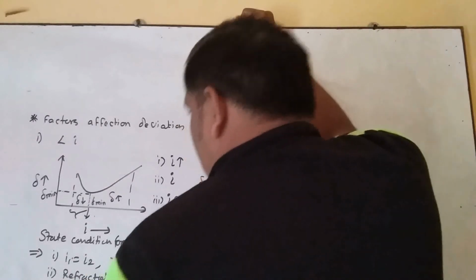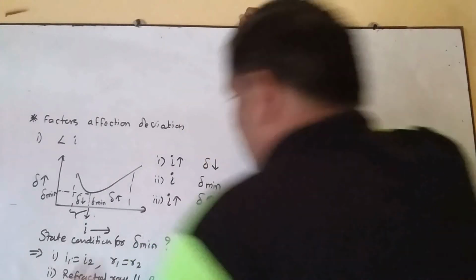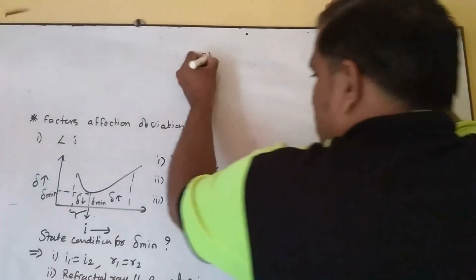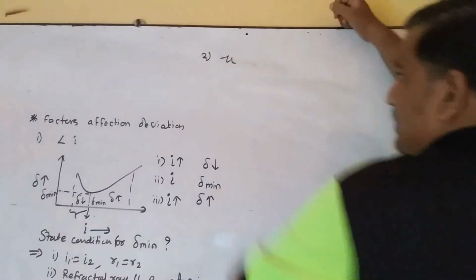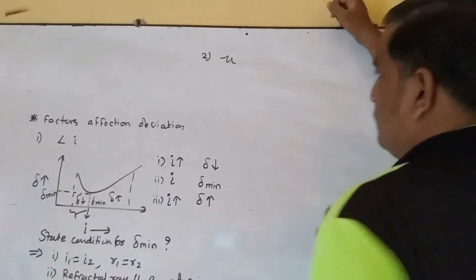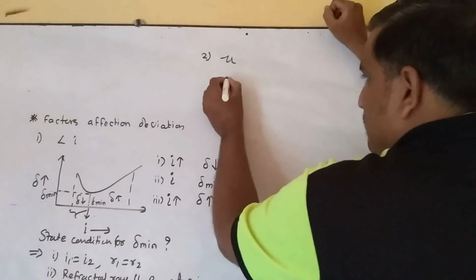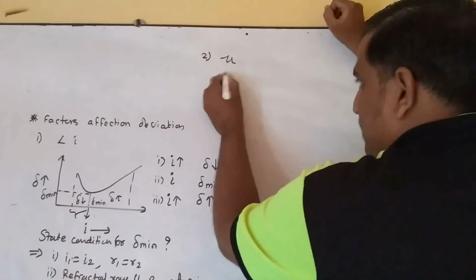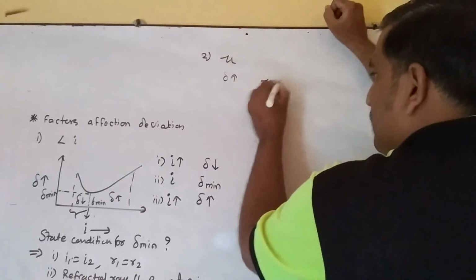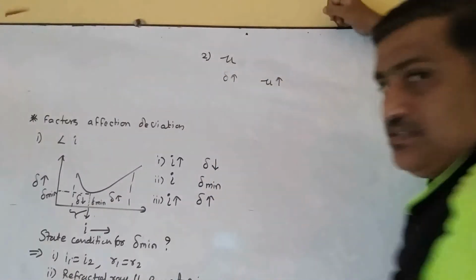Right? Now, the next factor which we are going to study is refractive index. Here we find the angle of deviation increases if the refractive index increases.